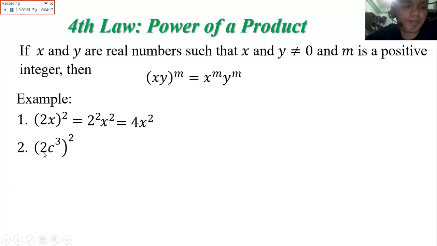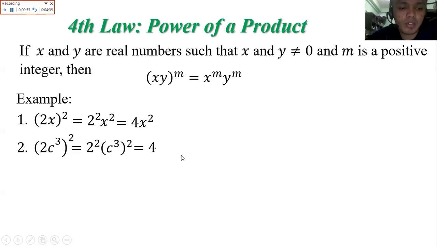Next. Number 2, 2c cubed raised to 2. Now, distribute first the exponent 2 that is outside. We have here 2 squared, and then multiply 3 times 2 for c cubed raised to 2. 2 squared is 4.